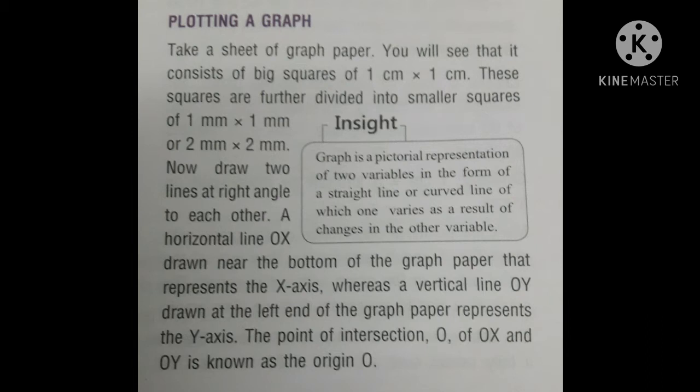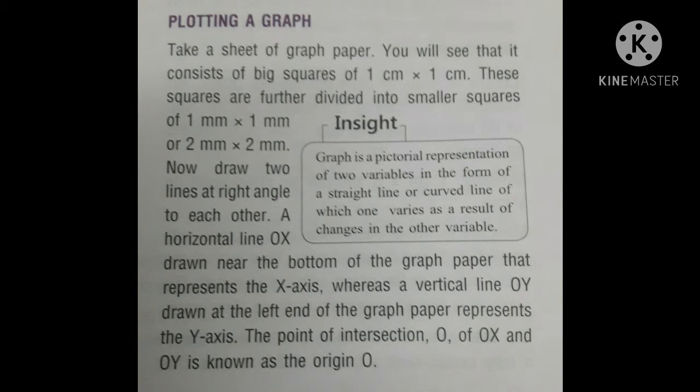A horizontal line OX drawn near the bottom of the graph paper represents the x-axis, whereas a vertical line OY drawn at the left end of the graph paper represents the y-axis. The point of intersection O of OX and OY is known as the origin.